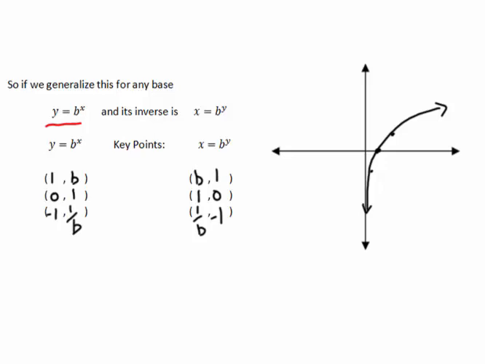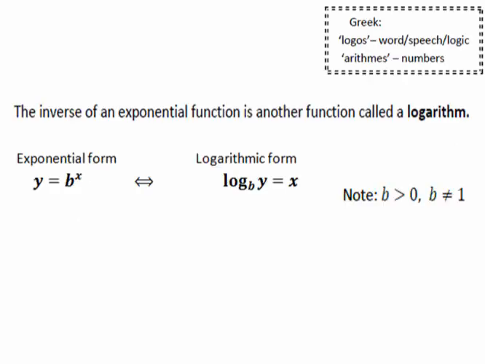But again, the dilemma we have is how do we solve this for y? That's what we want to do, get an equation that y equals something. And this shape is actually what we call the logarithmic function. And that's how we relate the inverse of an exponential function; we now call some other function a logarithm.